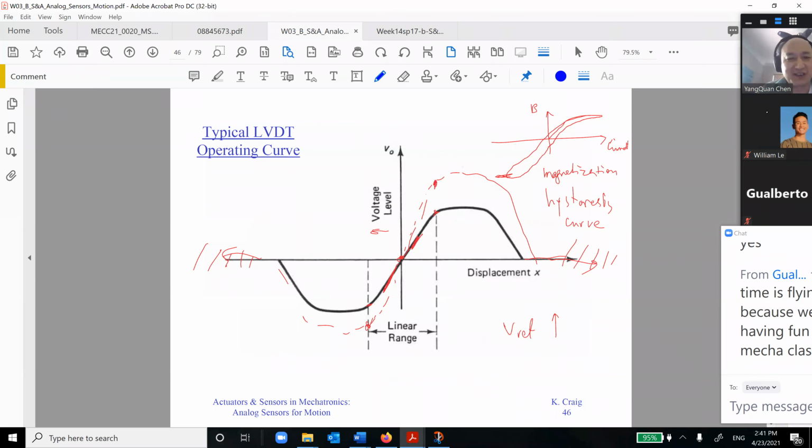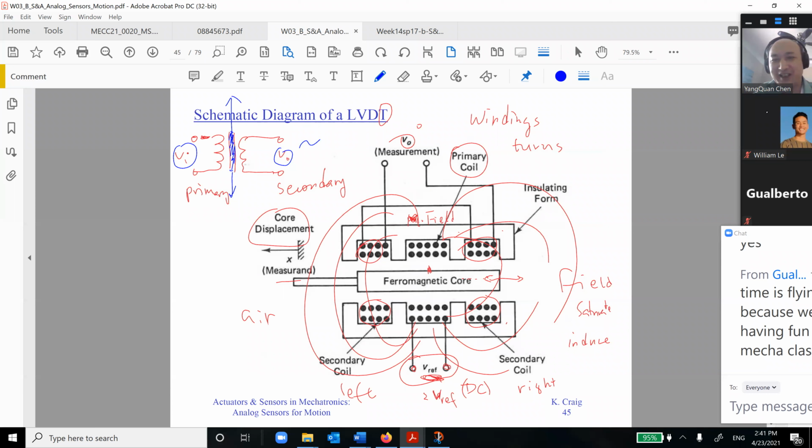So let's check the coil. This is a displacement of that core. In a small range, I call this the linear range, and in this range it is linear. Of course, when you pull out, this is 0. That means you have already moved everything out, so you have almost no coupling, so the output is 0, which is reasonable.